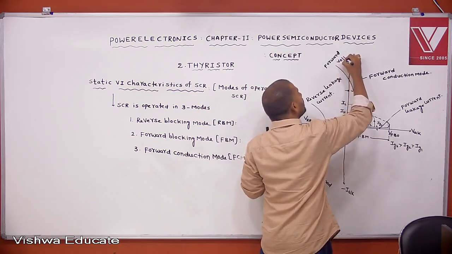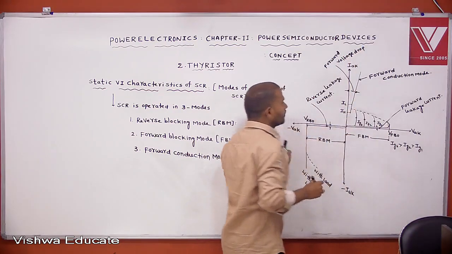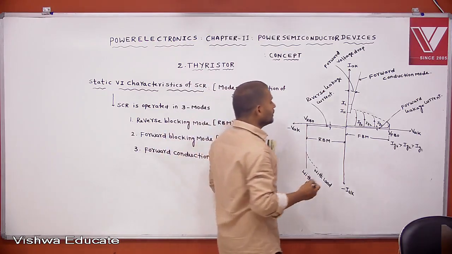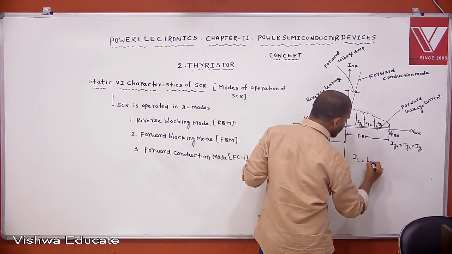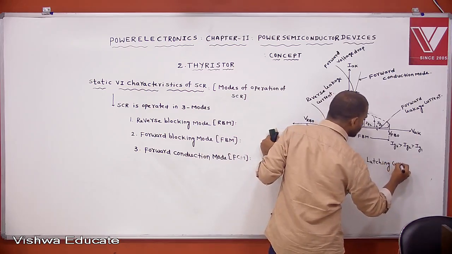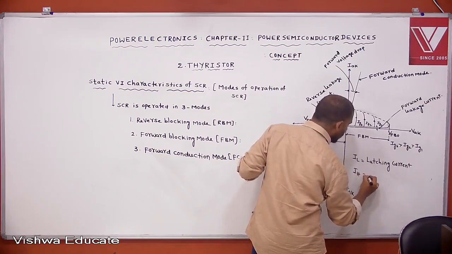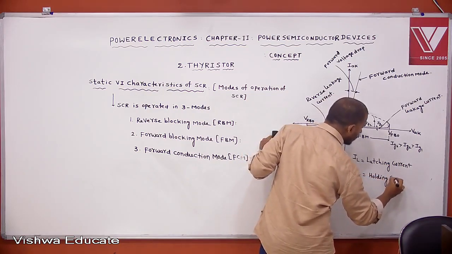Where IL is the latching current; in detail about that we'll see later on. And IH here is the holding current.